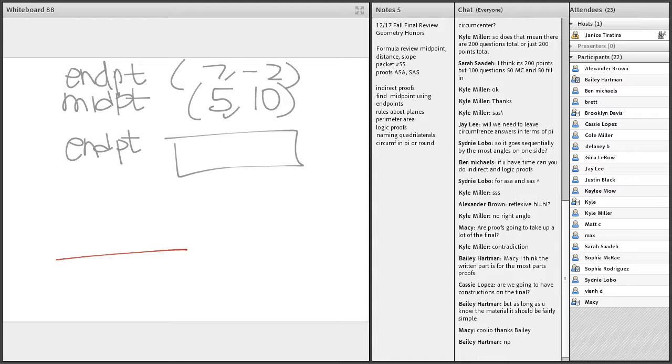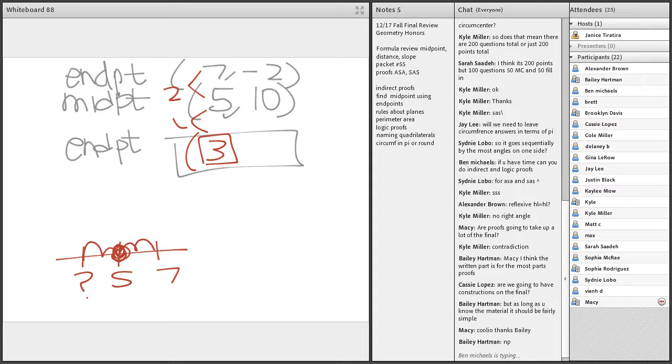So we have to think, here's 5, here's 7. This is already the midpoint, so we're trying to figure out this endpoint right here. And that number is 2 spaces away from 5, so then that means this is 3. So if you look, these are 2 spaces away from each other. This is just a shortcut. If you're given the midpoint and one endpoint, find the other one.